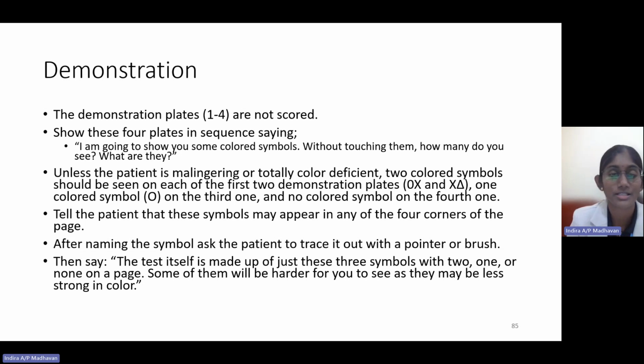If there is no pointer or brush, they can just scan it on the app. Then say the test itself is made up of just these 3 symbols, with 1, 2, 1 or none on a page. Some of them will be harder to see, as they may be less strong in color. So you have to keep reminding the patient that it's okay to not see any colors.